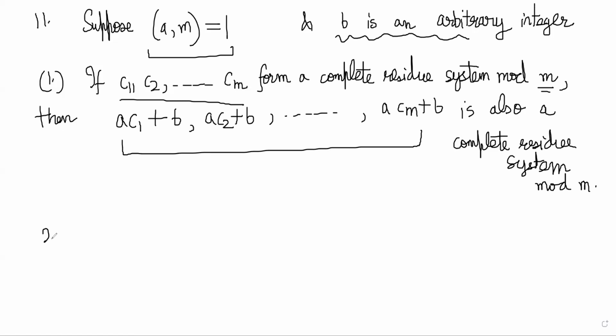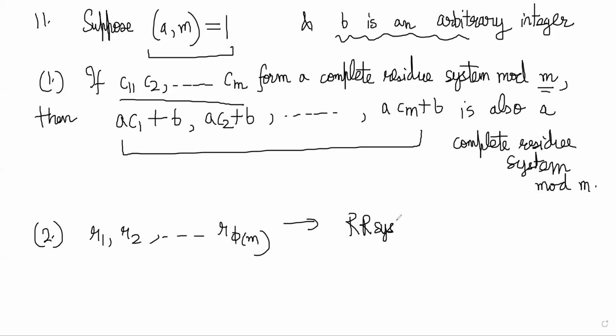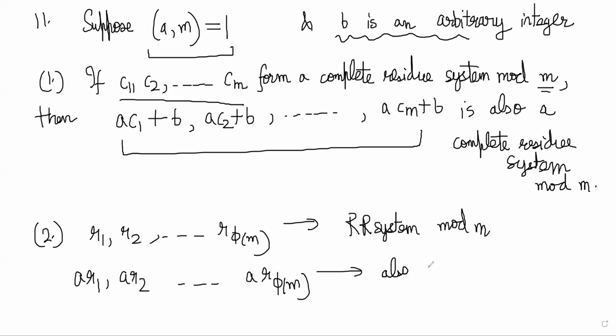This is similar to the second property, which we have already discussed, where we said if R1, R2, ..., R phi(m) is a reduced residue system mod m, then a times R1, a times R2, ..., a times R phi(m) is also a reduced residue system mod m.